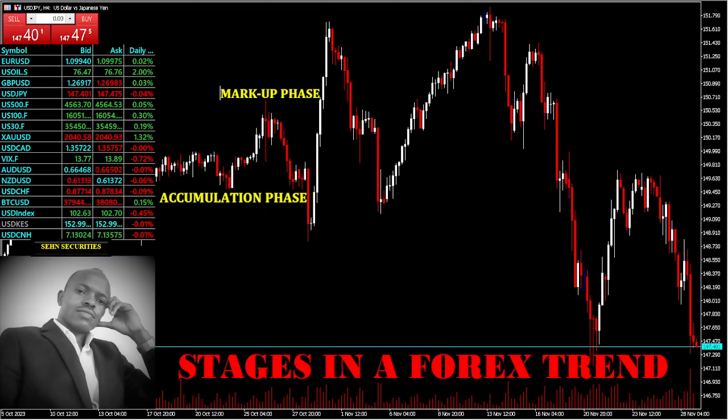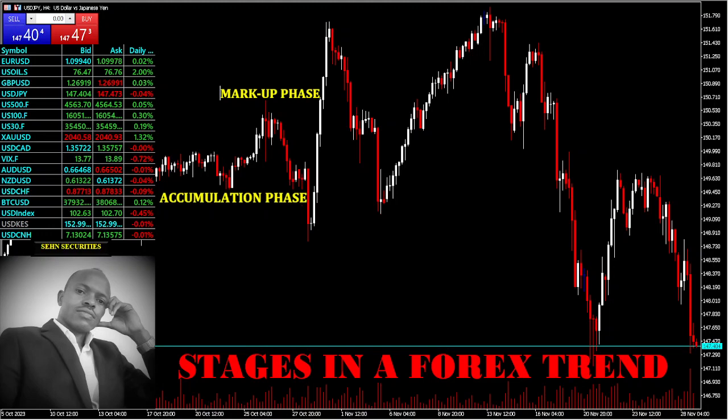The action of the market participants usually generates enthusiasm for the new uptrend. Typically, inexperienced Forex traders join towards the end of the markup stage, often as a result of fear of missing out on the strengthening upward move.